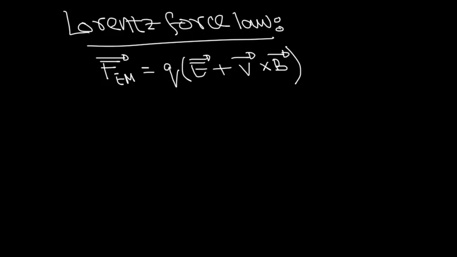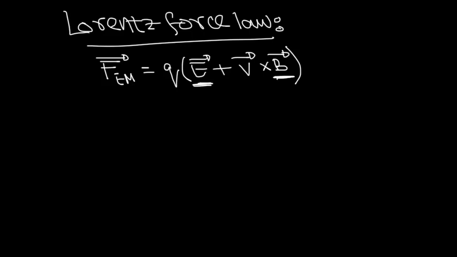This equation also tells you something: what is the force on the particles, and how does this force affect the behavior of particles? This force arises due to the electric and magnetic fields, and then how does it change the behavior of the particle?